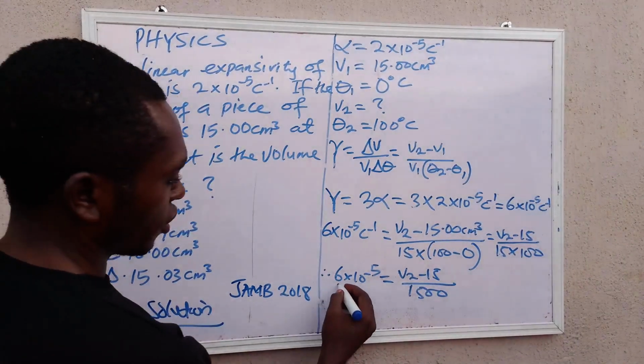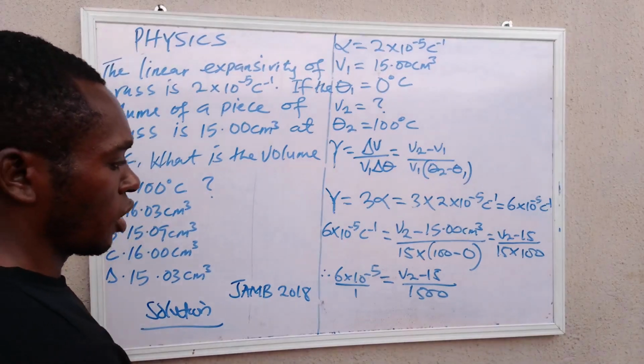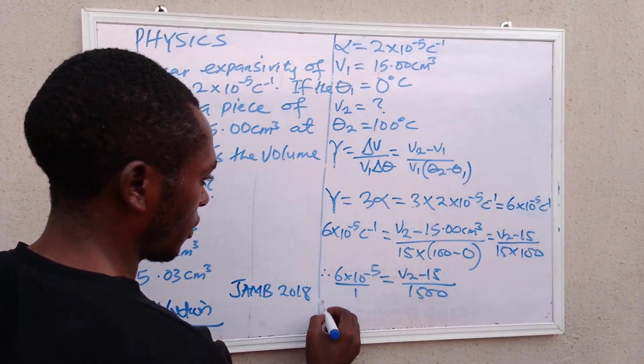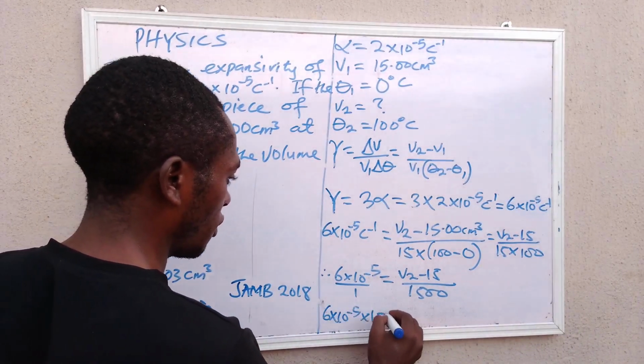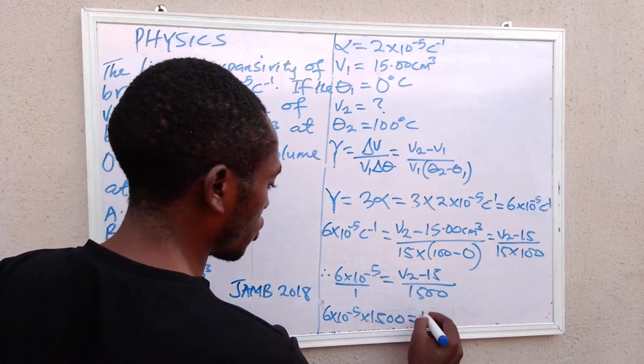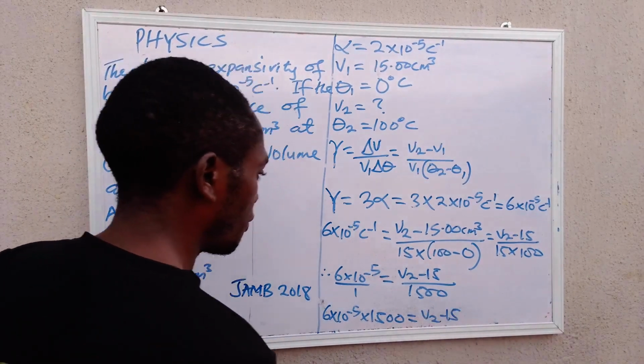So what we now have is something like this. We cross multiply this. We're going to have 6 times 10 to the power of minus 5 times 15 equals V2 minus 15.